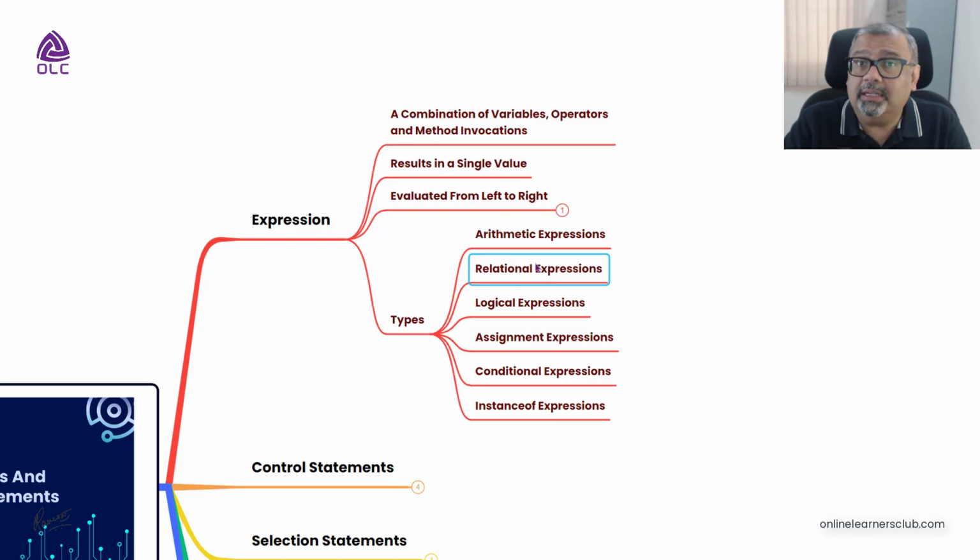And then logical and or logical or comes into picture. Then assignment, so A is equal to B, that's an expression. And then we have conditional expressions with the ternary operator, and then finally instanceof expressions. So all the different types which we already have discussed will come into picture.